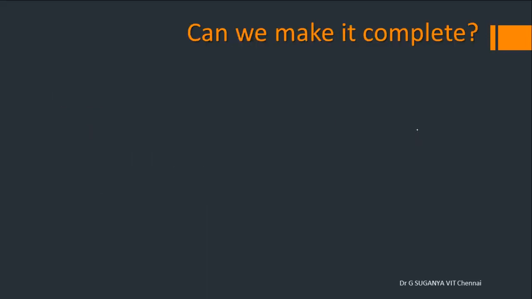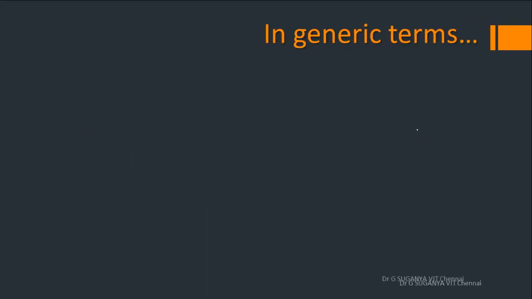Fine. Now let's try to represent the same in generic terms. Right. So whatever we have seen like simple inputs, these are all for our own understanding, for example. So now let's try to make it very generic. So you have a state Q naught. Now if you apply input symbol 0, it remains in the same state.